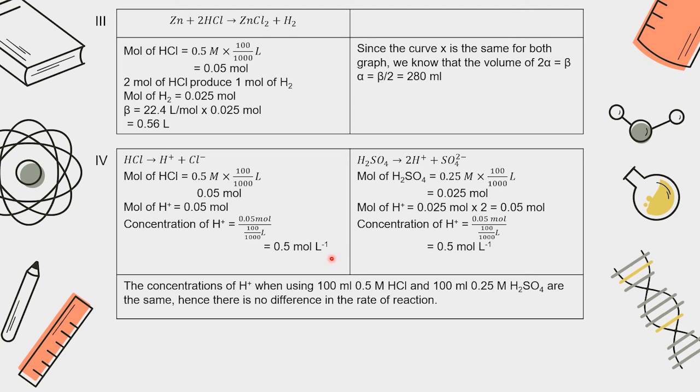Then, by comparing these two concentrations, we found that the concentration of hydrogen ions when using 100 ml of 0.5 molar HCl and 100 ml of 0.25 molar sulfuric acid are the same. Therefore, there is no difference in the rate of reaction.